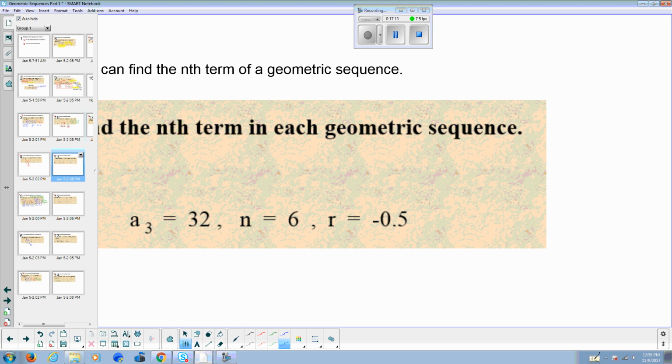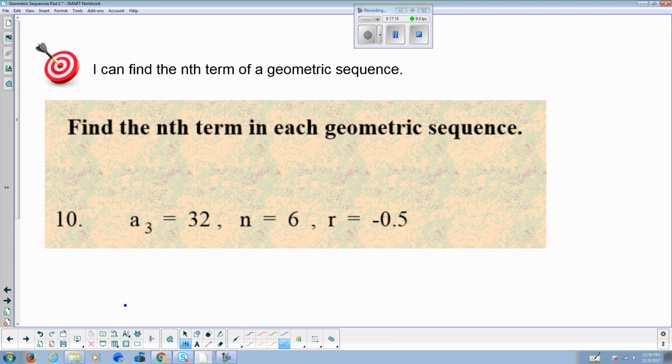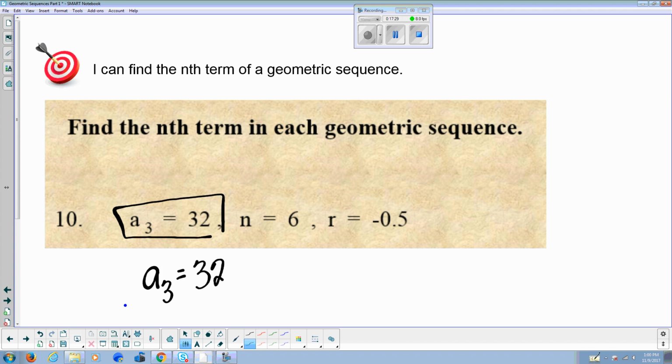Okay? This one is just asking us to go to the 6th term. I don't think it's necessary to use the formula here. I think I can use my blanks, especially when A3 was given to me. So A3 is 32. A4, A5, A6 is what we are told to find.